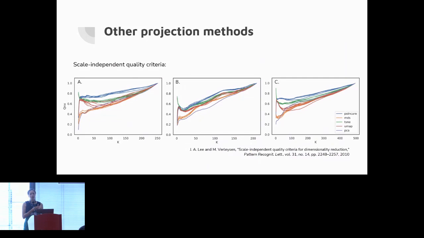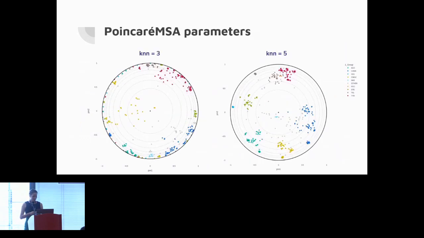So if you reproduce only for small K, as is the case of t-SNE, we will very well preserve the local distances and local clusters. For K equal to the number of points, of course, we preserve everything. But you can see that for all numbers of K, the blue line dominates the others. It's Poincaré maps which generally preserve better the global structure.